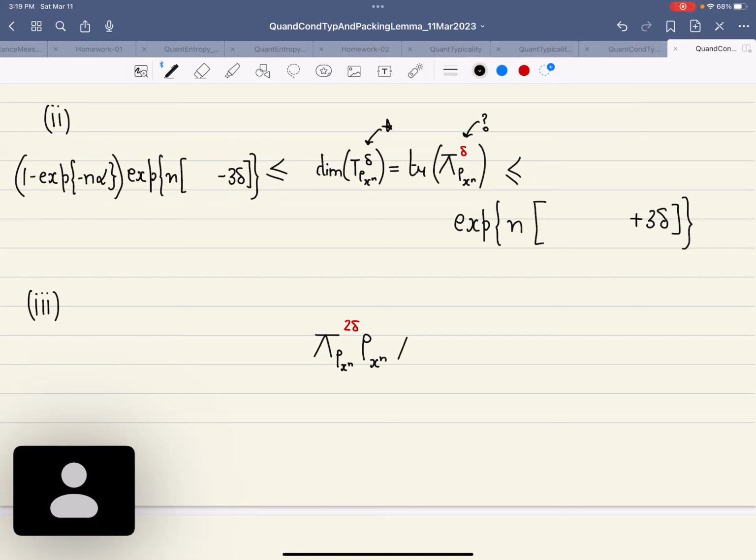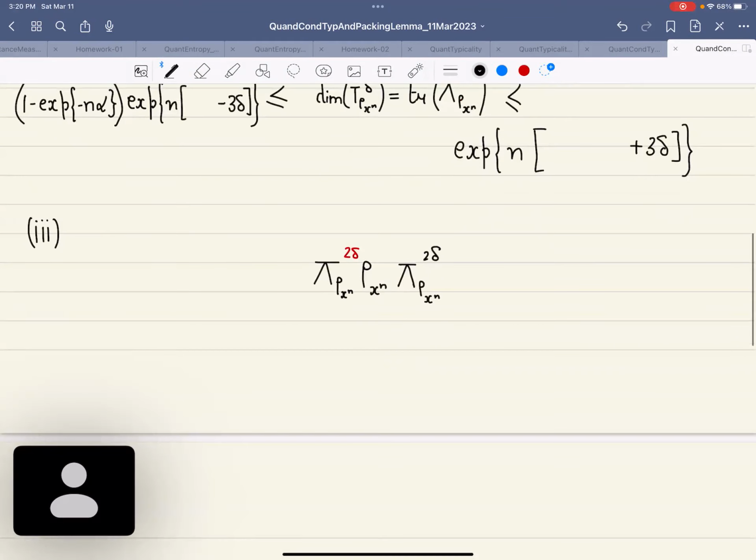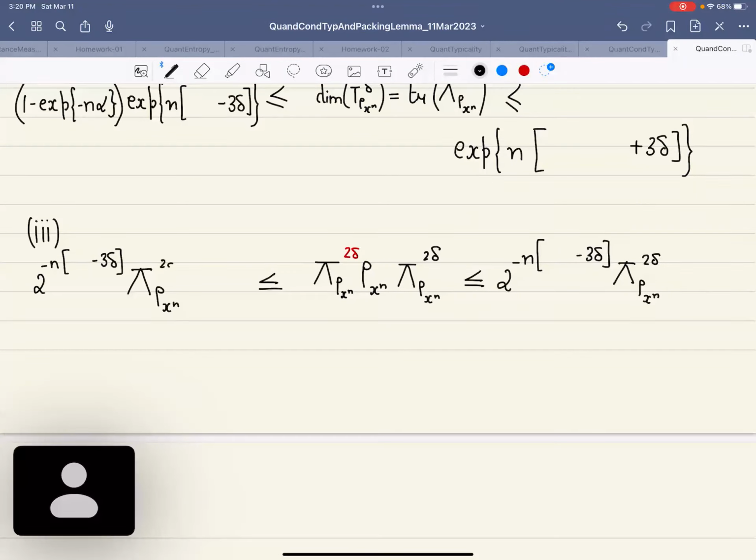Pi rho x^n 2 delta is less than 2 to the power minus n times something minus 3 delta pi rho x^n 2 delta, and it dominates 2 to the power minus n times something minus 3 delta pi rho x^n, operator dominance.